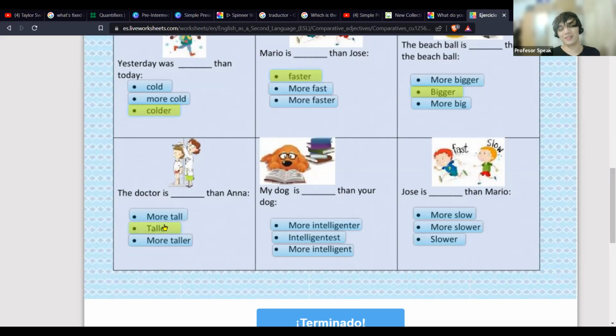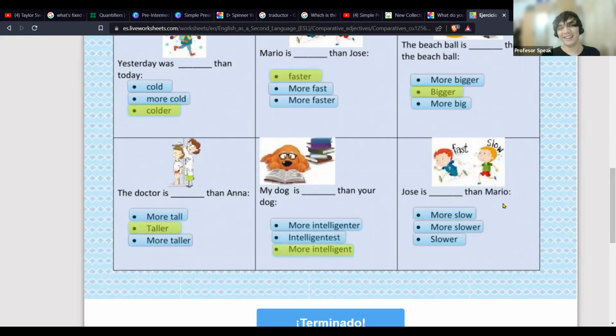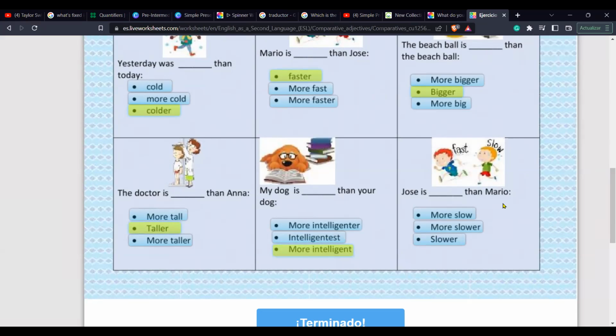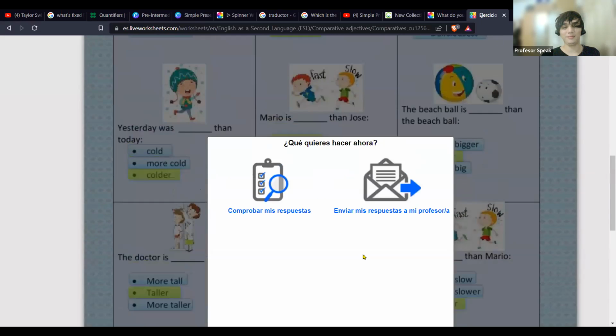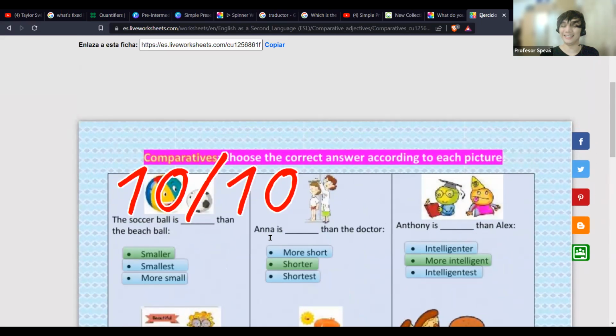Very good. Melanie Elias. My dog is more intelligent than your dog. Okay. Madai. Jose is slower than Mario. Very good. Excellent, guys. Very good.